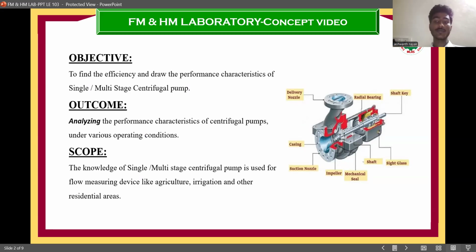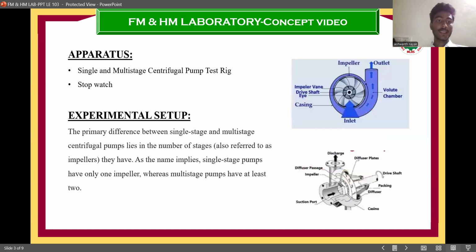The scope of this experiment is the knowledge of single and multi-stage centrifugal pumps used as flow devices in agriculture, irrigation, and residential areas. We will discuss this experiment in depth. To do this experiment, we need single and multi-stage centrifugal pumps and a stopwatch.